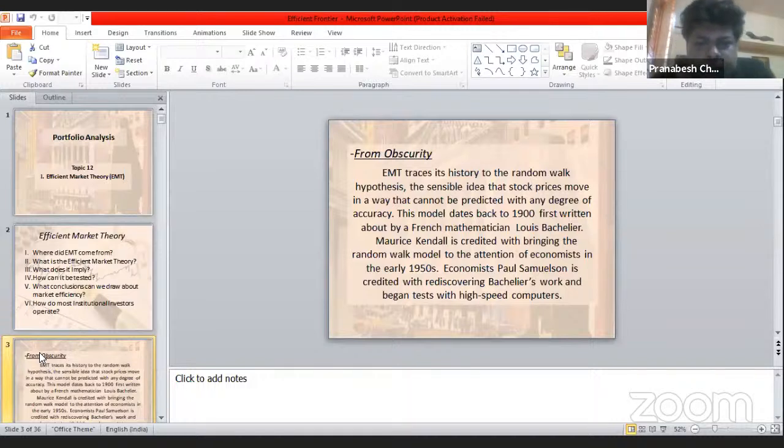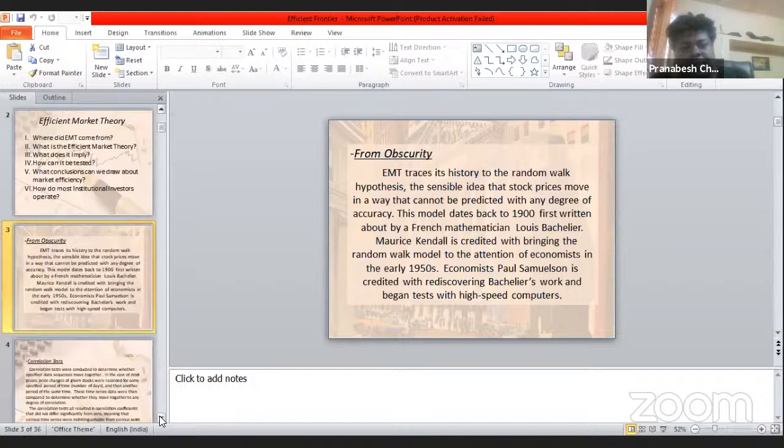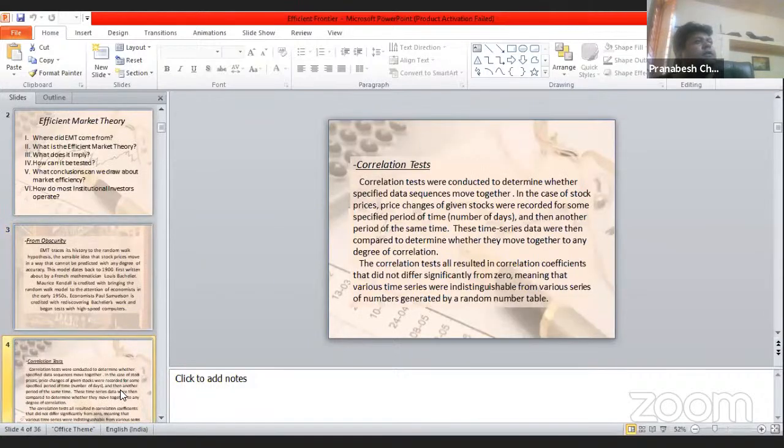In 1900, as you see, there is this famous French mathematician, Louis Bachelier. He started this random walk hypothesis, which has been continued by many other theorists and mathematicians in the later half. Now, what does this random walk theory actually mean?